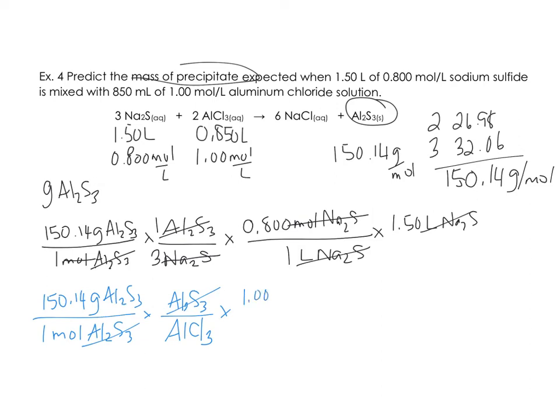There's 1 mole of aluminum chloride for every 1 liter of aluminum chloride. That's from the concentration. And now I'm stuck with liters of aluminum chloride, so I need to multiply that by the liters. So they now cancel. So I'm only left with grams of aluminum sulfide.